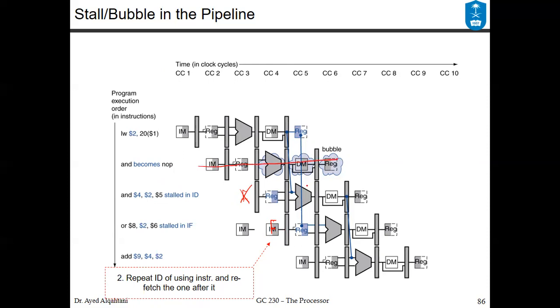And then you have this one fetched, decoded, executed, and then memory, and then write back. The next one becomes a NOP. So it's no operation. It's a bubble here. And now this one, you can fetch it right here. What you did is actually you copied the fetch that happened before, because you fetched it already here, but it failed.